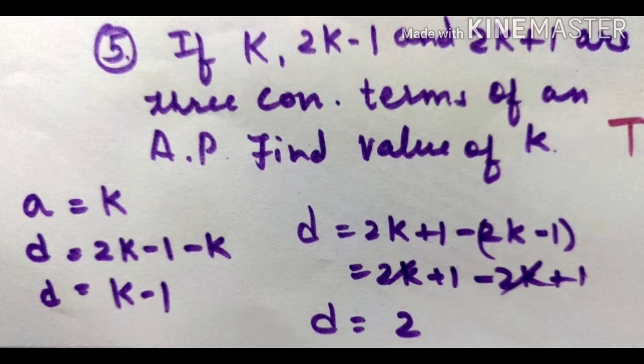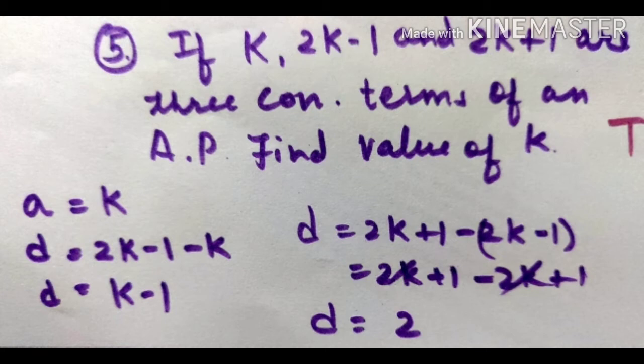Now students, we find the difference between the third term and the second term also. So here d is equal to the third term, 2k plus 1, minus the second term, 2k minus 1, which is 2k plus 1 minus 2k plus 1. So plus 2k minus 2k get cancelled, then 1 plus 1 becomes 2.